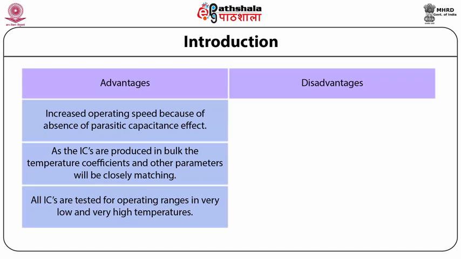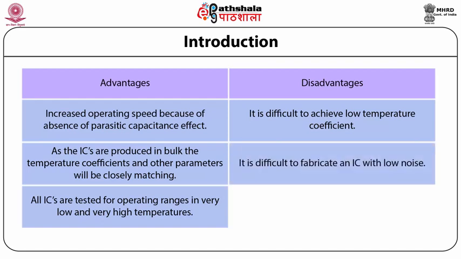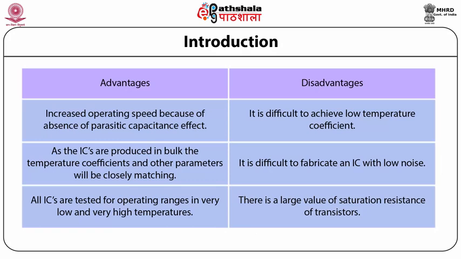All the ICs are tested for operating ranges at very low and very high temperatures. It is difficult to achieve a low temperature coefficient. It is difficult to fabricate an IC with low noise. And lastly, there is a large value of saturation resistance of the transistors.